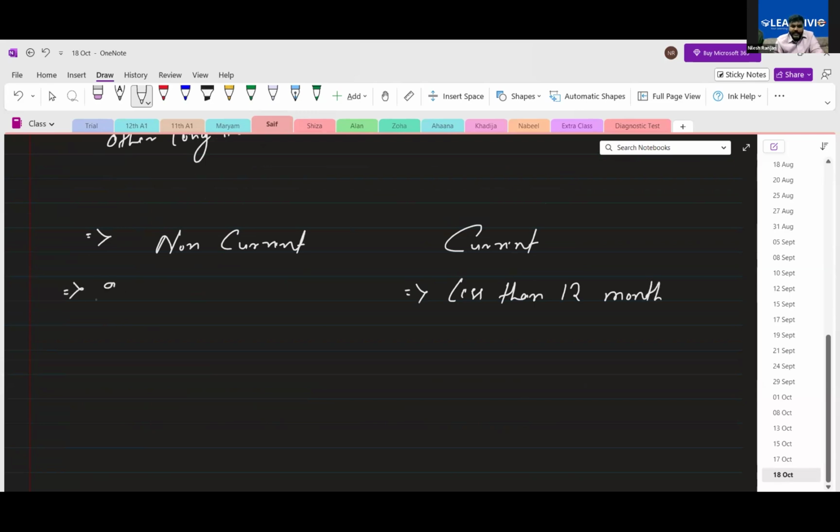Non-current assets are used for long-term purpose. That is more than 12 months.